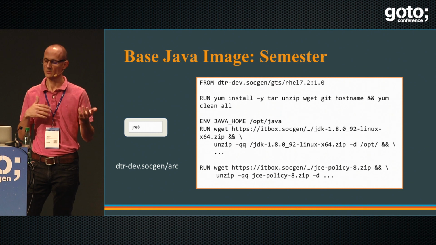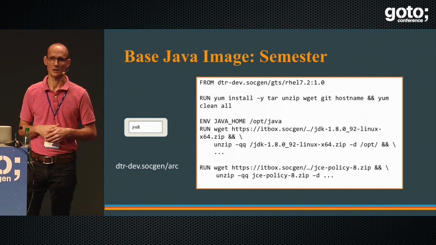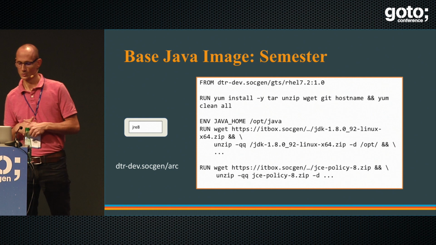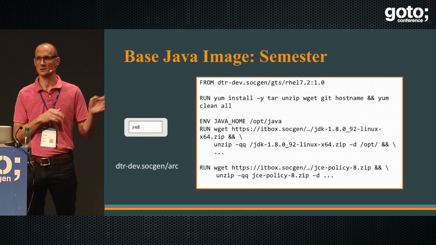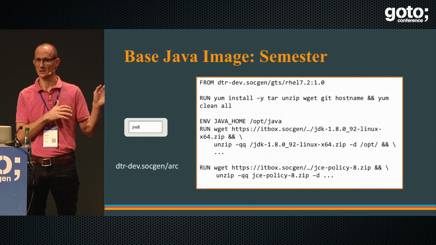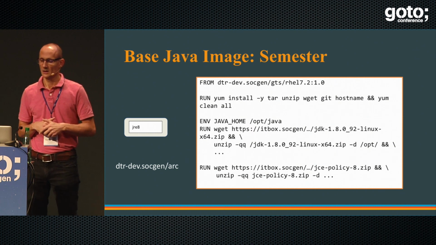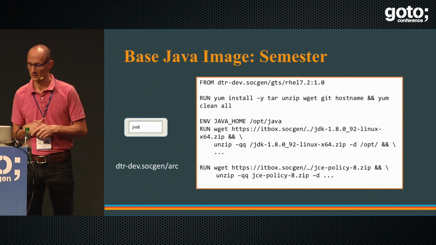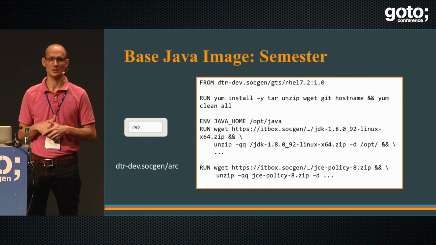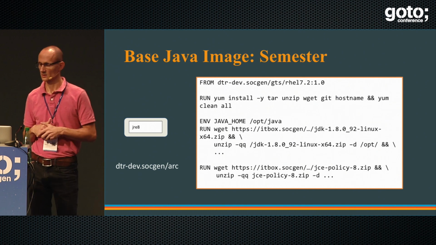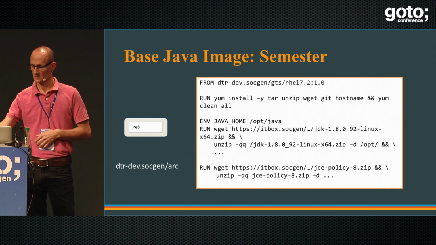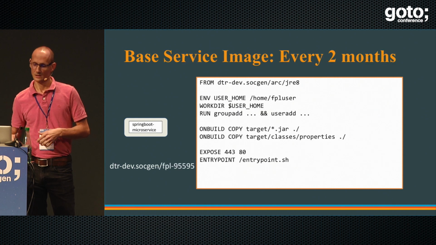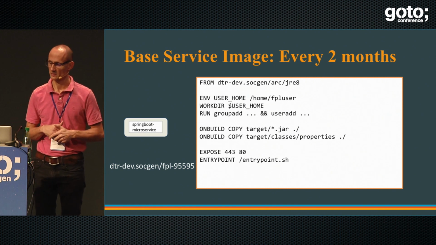They check the compatibility with the underlying OS, and they also check which bugs have been included in the latest releases, updates. And they also install a stronger encryption policy than the one which is bundled by default with the JDK, which is US specific. And this is our microservice base image, the abstract one.